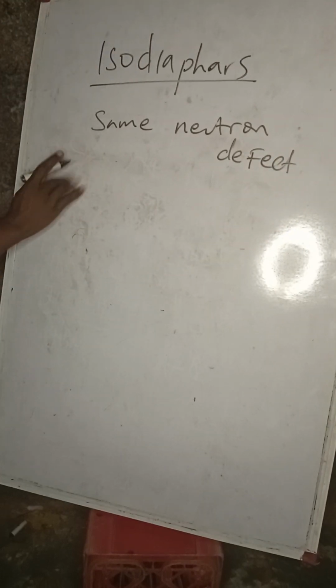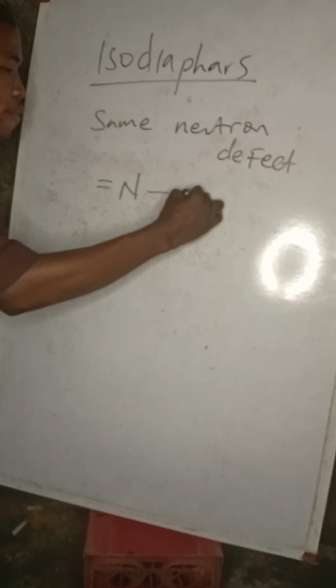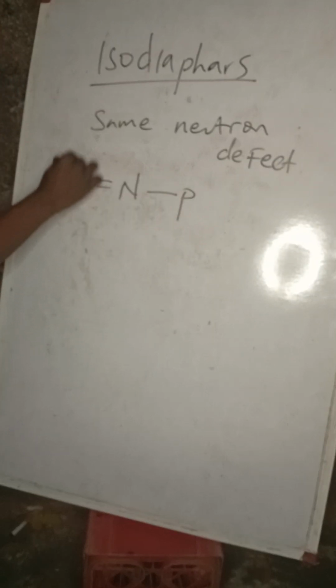What is neutron defect? Neutron defect is equal to the number of neutrons minus the number of protons. When you subtract them, it is called the neutron defect. When two atoms have the same neutron defect, they are called isodiaphers.